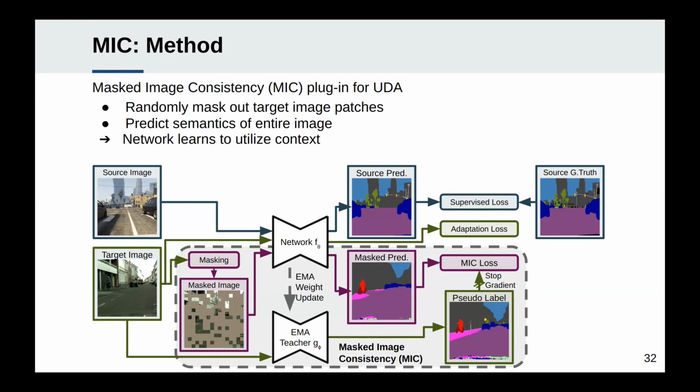As we have no ground truth, we have to resort to pseudo-labels for the target domain. We use the teacher again, self-training style. And one very important aspect is the teacher has access to privileged information. So it can use the full target image. It can also use the local patches to predict the pseudo-label, while the student network here has a harder time only using the masked images.